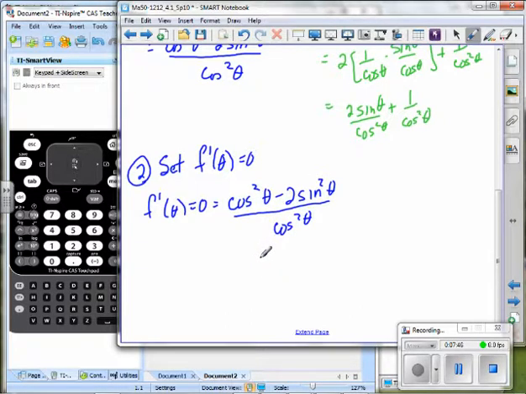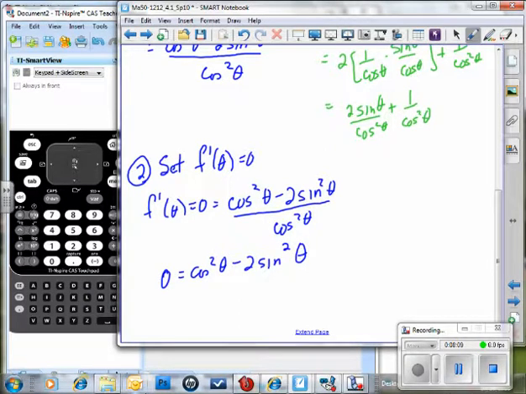Which part of the fraction is the only part that could possibly give us a 0 value fraction? The numerator, yeah. If we multiply both sides by the denominator, we just get 0. So we have 0 equals cosine squared theta minus 2 sine squared theta. Now what?